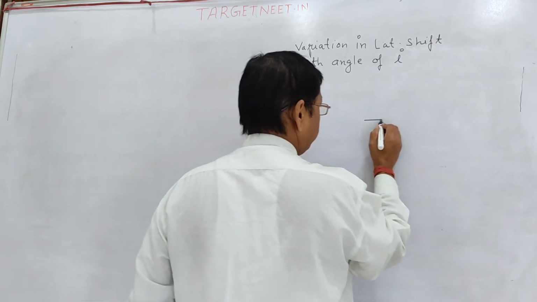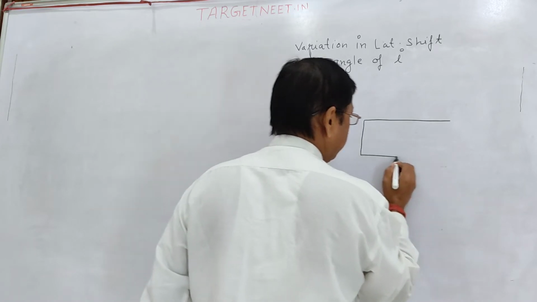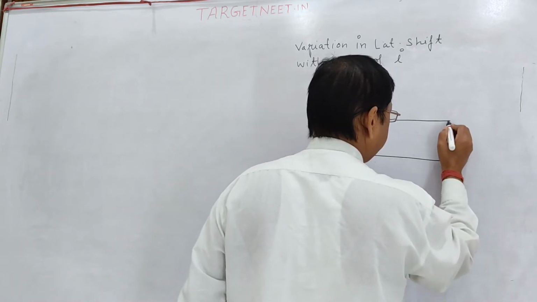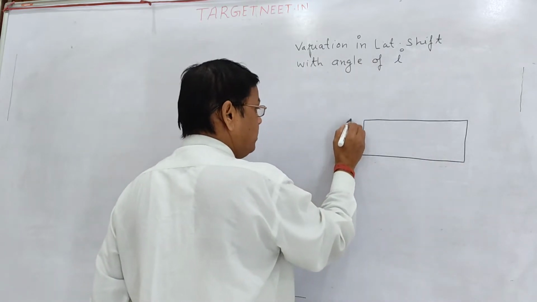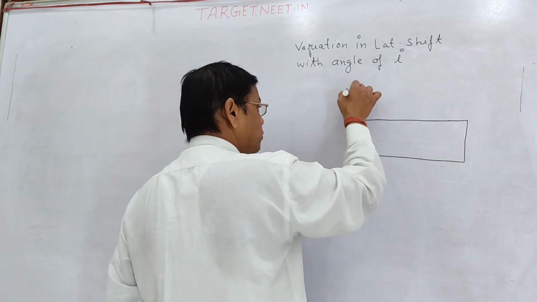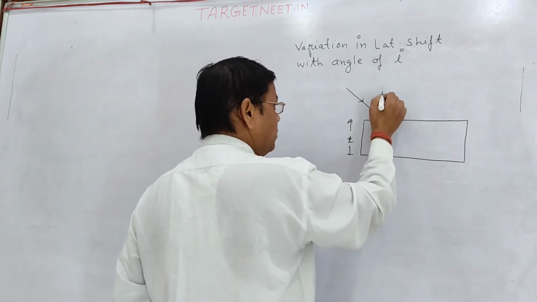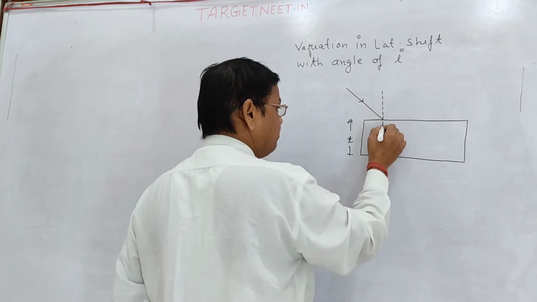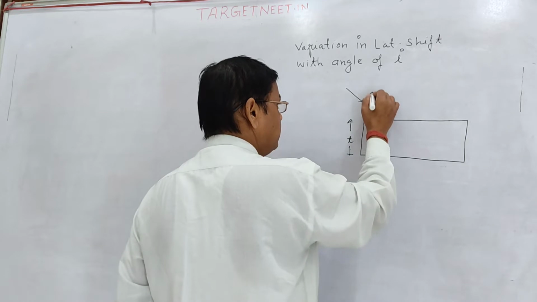As you know, it is a glass slab of thickness t. If you incident light on it at some angle theta, this is the angle of incidence.